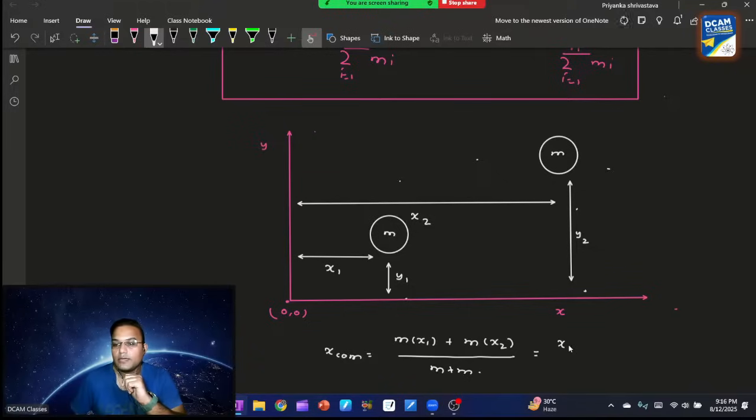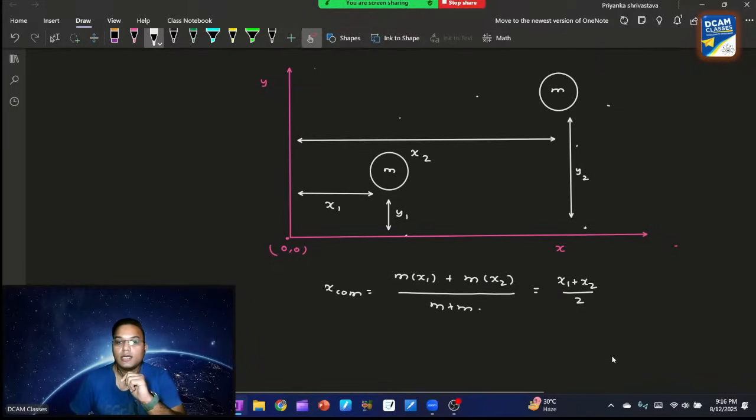So x1 plus x2 by 2 is the x center of mass. So the center of mass will be located somewhere on this line, at a distance of x1 plus x2 by 2 from the origin. One thing we have found.